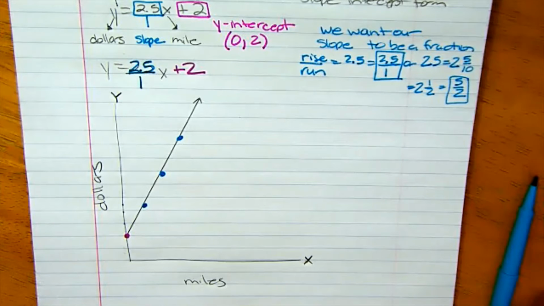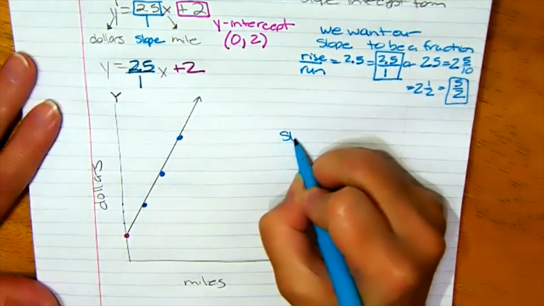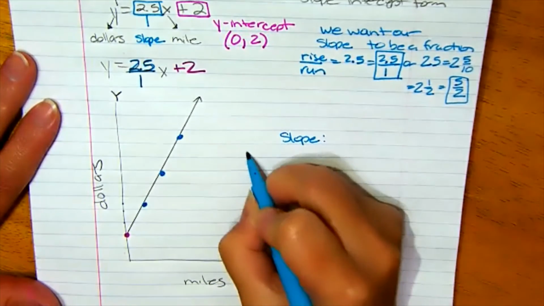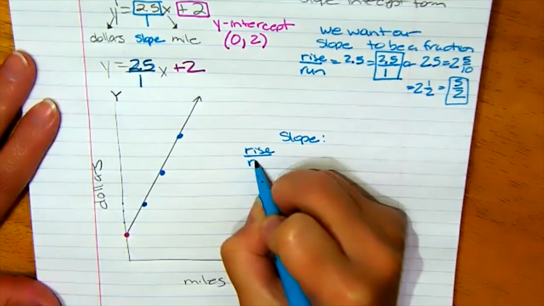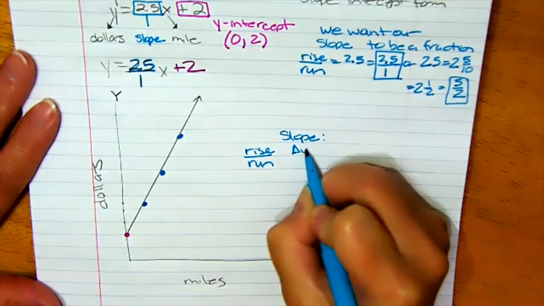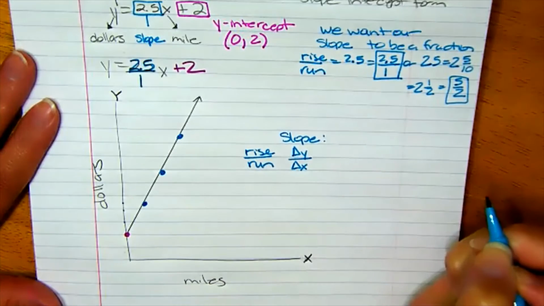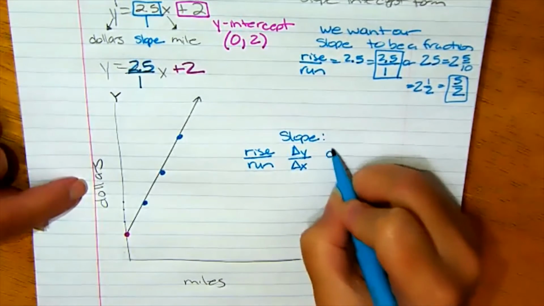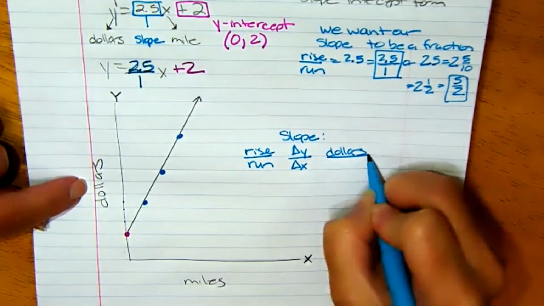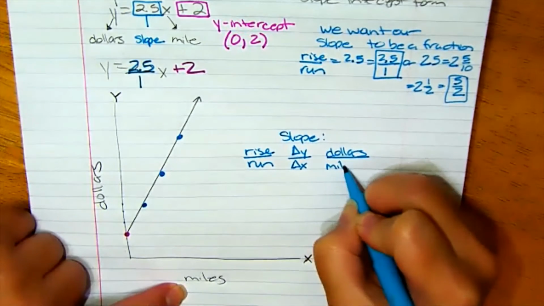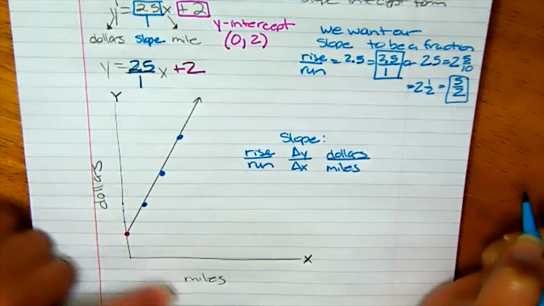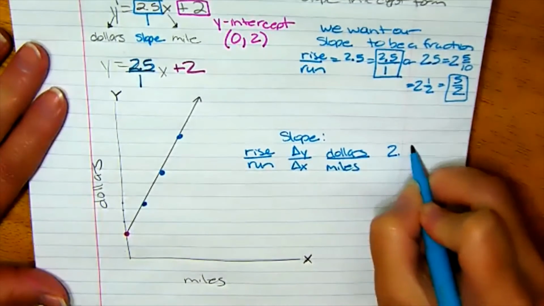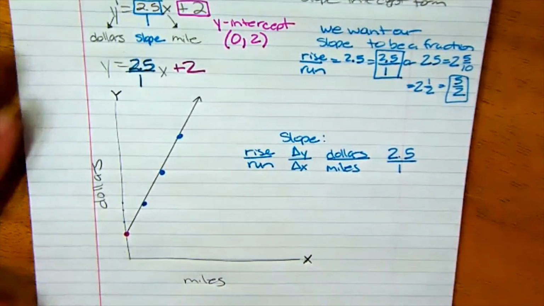Okay. Part B, they asked me to interpret the slope and the y-intercept. So I'm going to start with slope. I know slope is rise over run, the change in y over the change in x. In this case, y is dollars, x is miles, and my slope is 2.5 over 1.